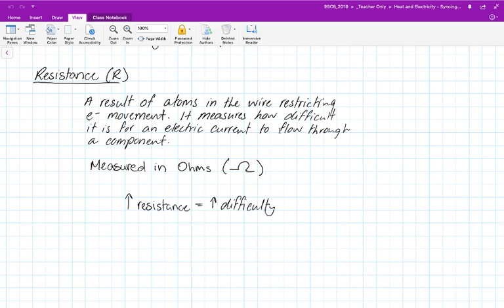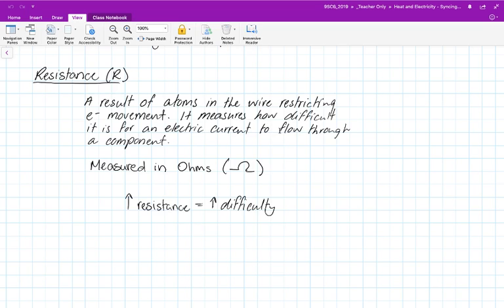Now, resistance can be dependent on a couple of things. First of all, different materials will have a different level of resistance. For example, your conductors, your metals in particular, allow really good flow of electrons, so they would have a low resistance. Something that restricts electron flow, like rubber, would have a high resistance.